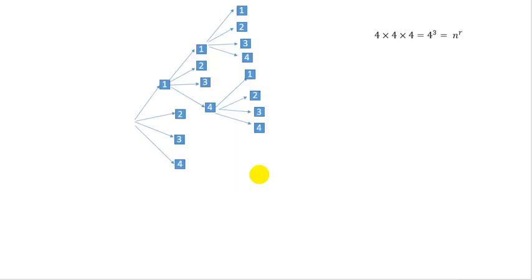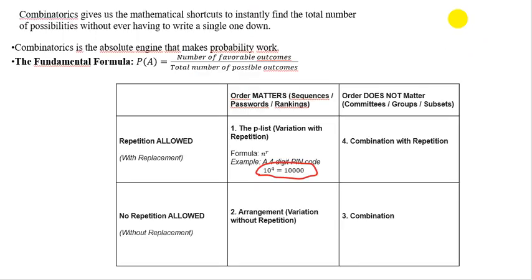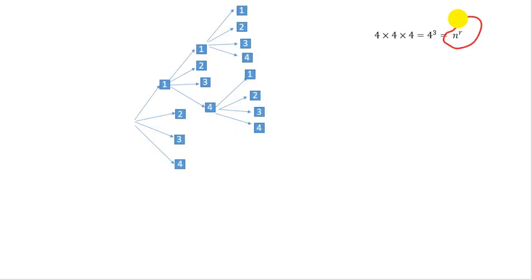So let's explain why it is n power r. We take this example, but this time imagine n is 4. I have only 4 available numbers, 1, 2, 3, and 4, and r is 3.